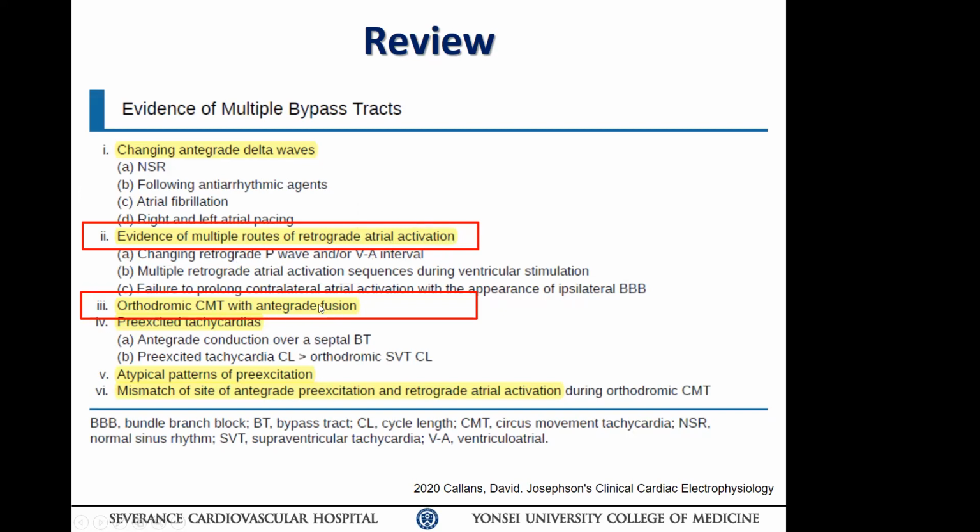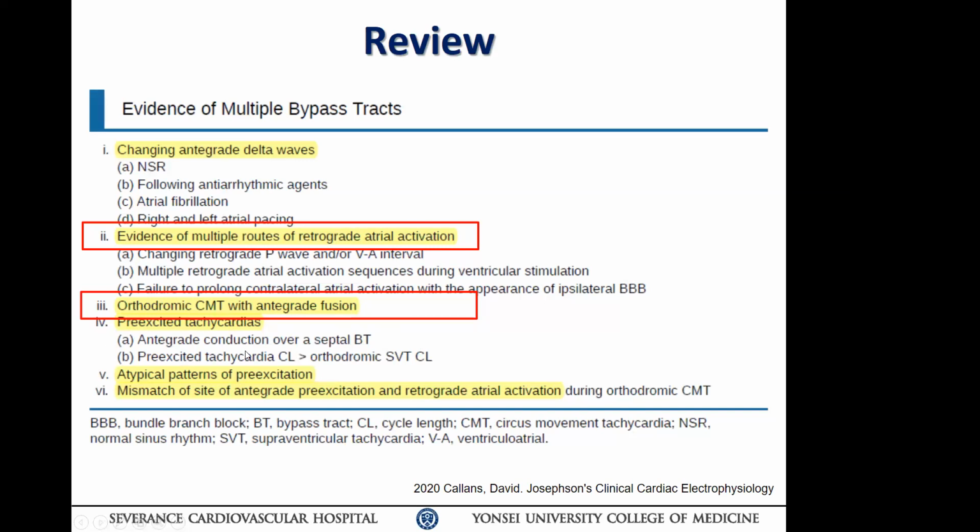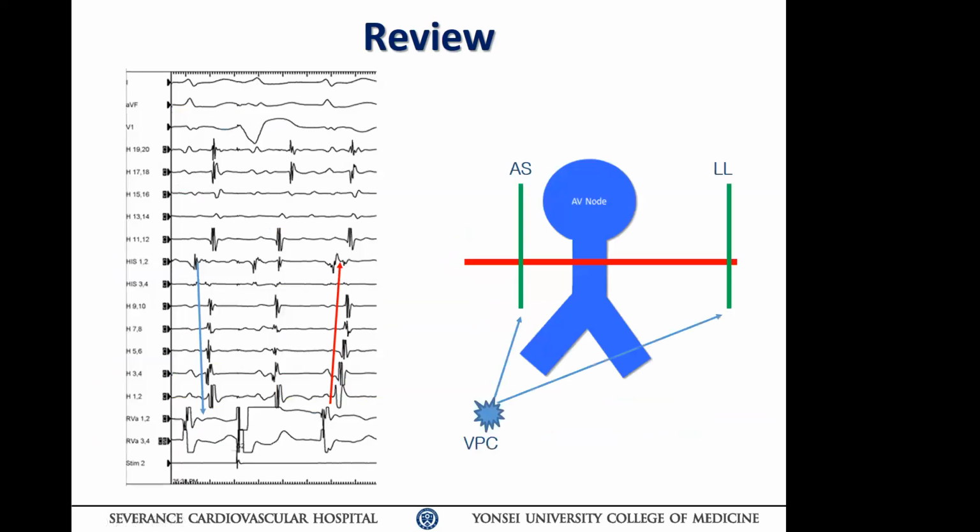And also there is fusion between the two bypass tracts during orthodromic tachycardia, like in our case, also pre-excited tachycardia. Sometimes we also find that the patient has a different pattern of pre-excitation on ECG, and a mismatch in the size of the delta wave with the EP study, which also indicates multiple bypass tracts. That's all. Thank you so much for your attention.